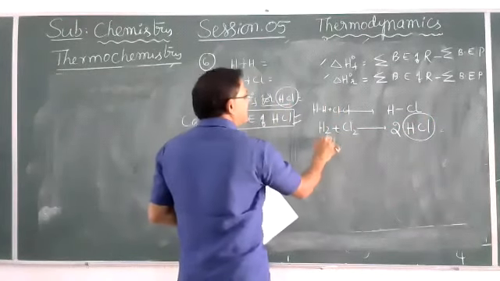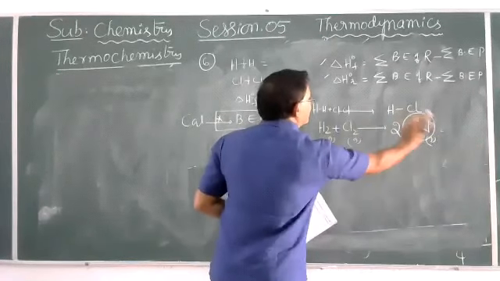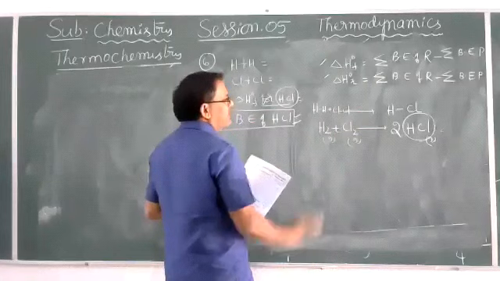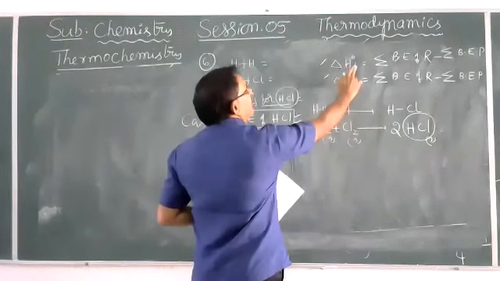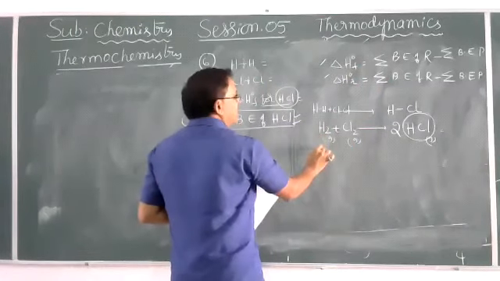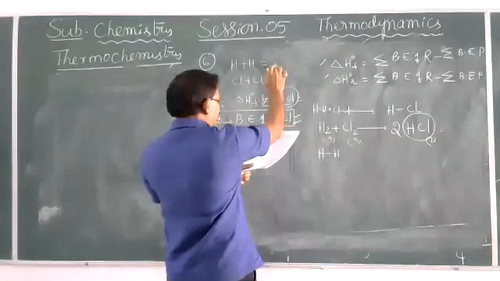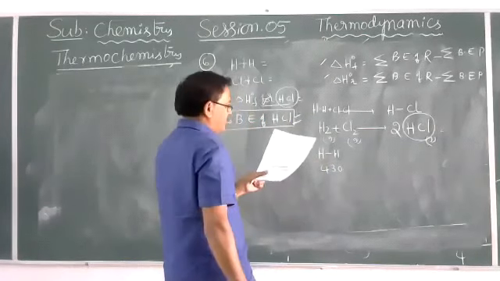Now it is a gas, it is a gas, it is also a gas. All the reactants and products are in a gaseous state. When they are in a gaseous state, we can use this formula for the standard enthalpy of reaction or formation. To break H–H, the energy value given is 430 kilojoules.